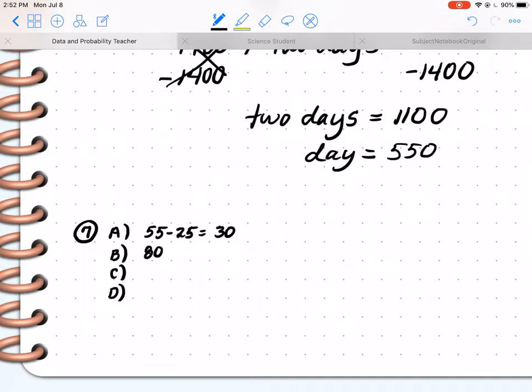B, you've got maximum 80, minimum 10. Difference is 70. 100 minus 1 is 99. And 100 minus 2 is, of course, smaller, is 98. The largest range is C. If you know what range means, that one's in the bag.